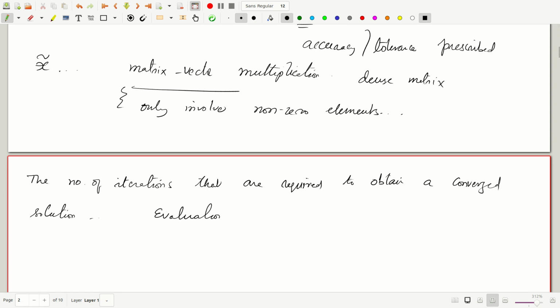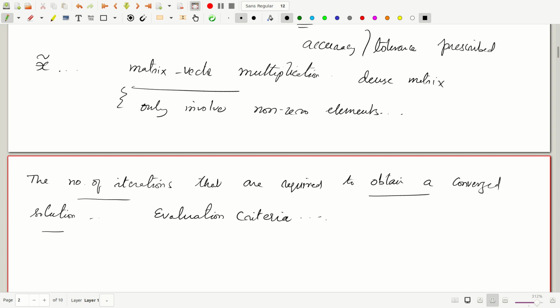So you can say, I have a particular method A, it converges in a certain number of iterations n, and then I have a particular method B, and it converges in a certain number of iterations m, and so you can compare which is faster. We can use the number of iterations required to converge to a final solution as an evaluation criteria to compare different methods, okay.